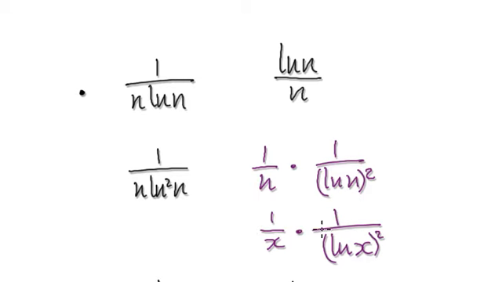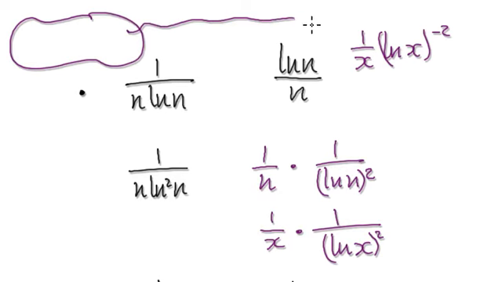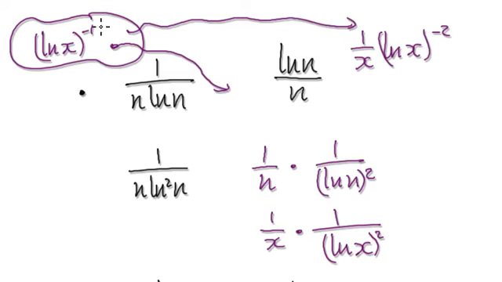You would then reimagine this as x to the power of -2. So you're looking for something that when you differentiate it, it will give you this. Well, think about natural log of x to the power of 1 notch higher than this, -1.